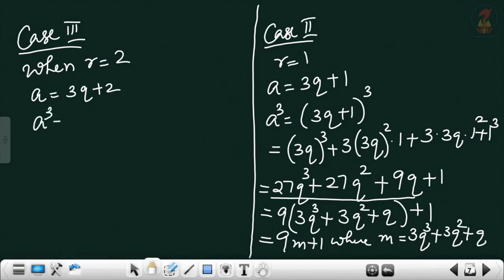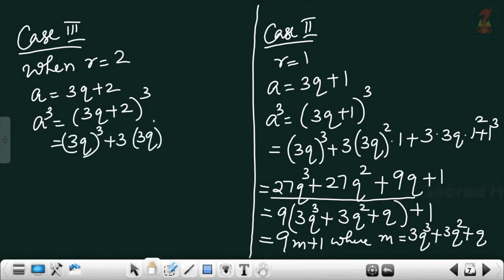So, a cube is equal to 3q plus 2 whole cube. This is again of the form a plus b whole cube. So, a cube plus 3a square b plus 3ab square plus b cube.